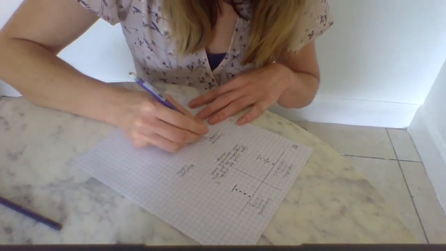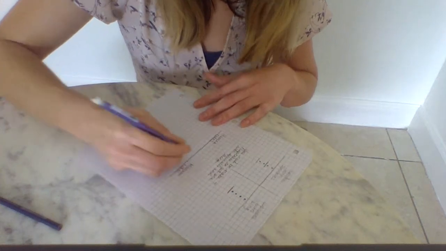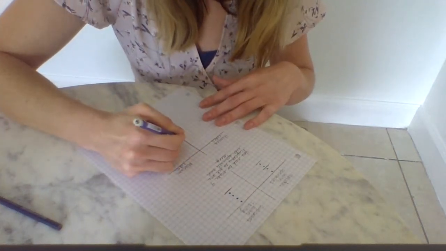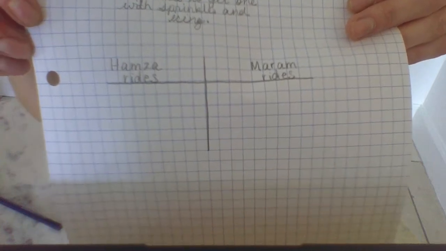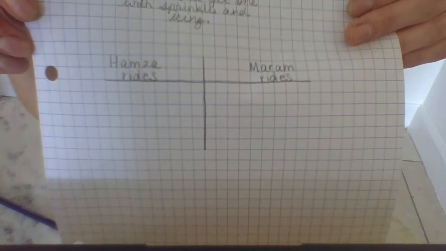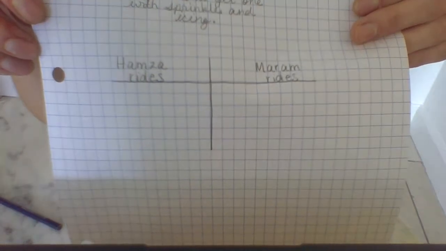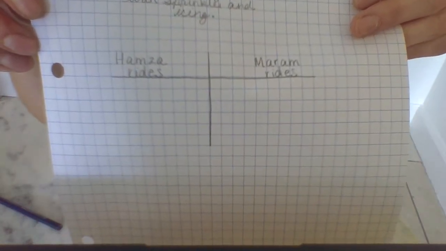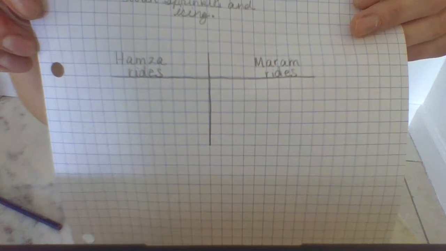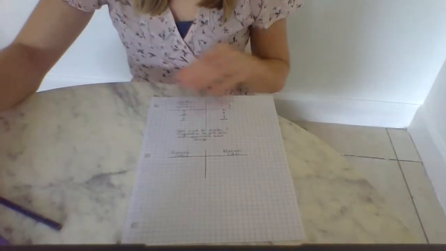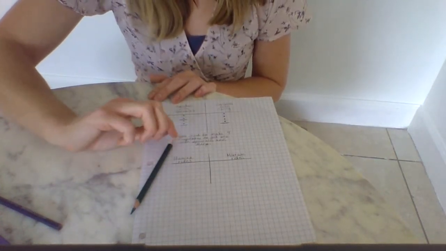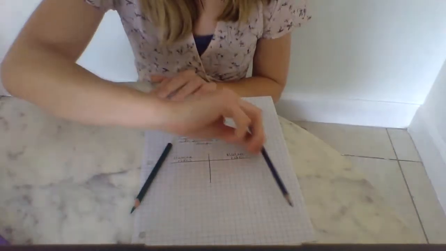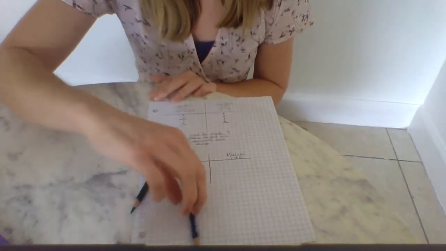We draw a line underneath both, and then a line that goes down the center. Okay, I'll use the green pencil to keep track of how many days Hamza rides the bus, and I'll use the blue pencil to keep track of how many days Maram rides the bus.